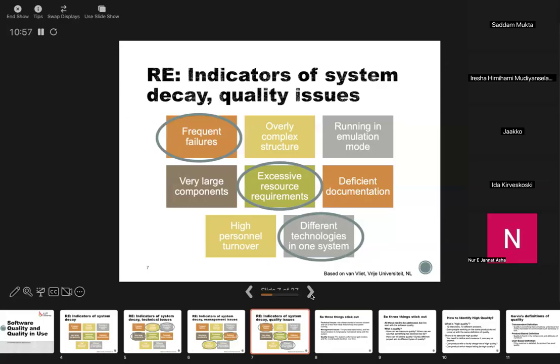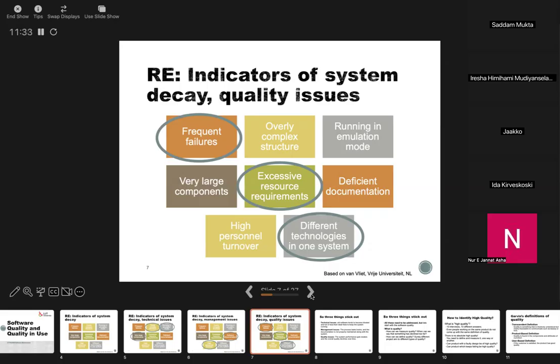Really, you have seen that there are some signals or some cues that our software is getting decayed, or that software is losing its efficiency or effectiveness. So this is some indication that our software is decaying. We have already covered this, but to come into our context, I'm going through this slide again.